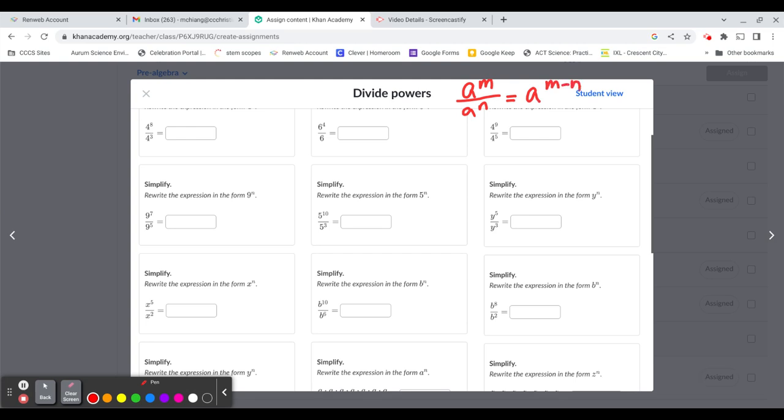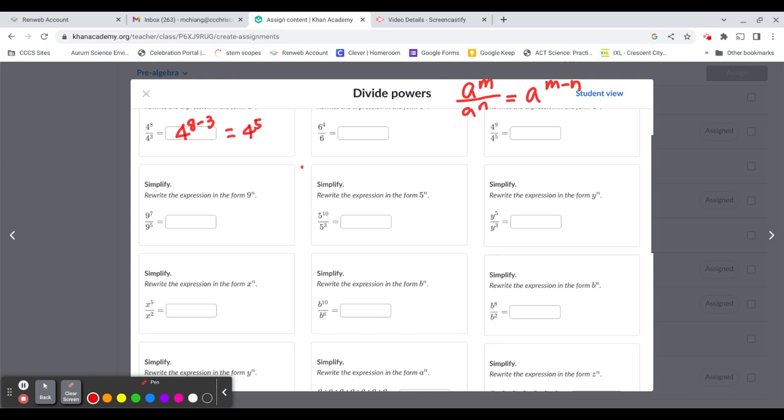So here on top we have 4 to the power 8. At the bottom we have 4 to the power 3. You divide them, which means you subtract the top power by the bottom power. So the top is 8, you subtract the bottom, 3, and it's 4 to the power 5.